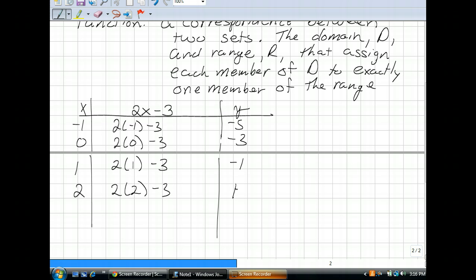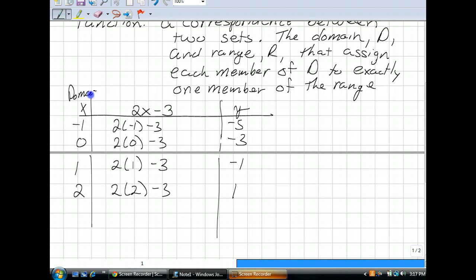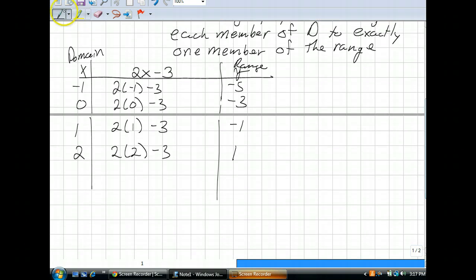okay, and so we see that for every domain value, there is exactly one range value that corresponds to it. So every item in the domain, we say, maps directly to exactly one item in the range.